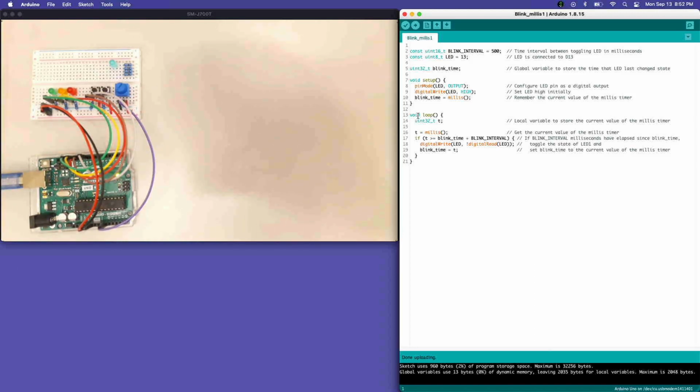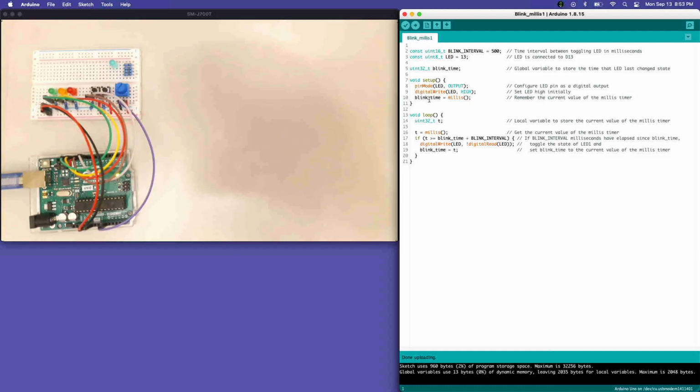And just to remind you of how this works. We initialize in the setup method a global variable blink time after we've set the LED pin to high. We look up the time on the Millis timer and store that in blink time. And blink time represents for us the time that we last changed the state of the LED.